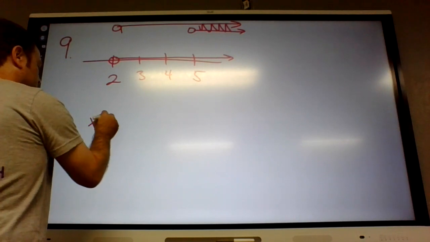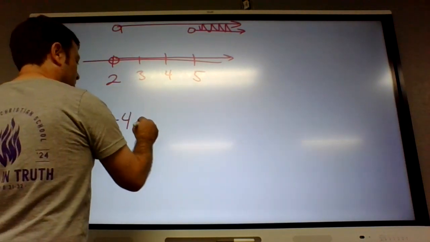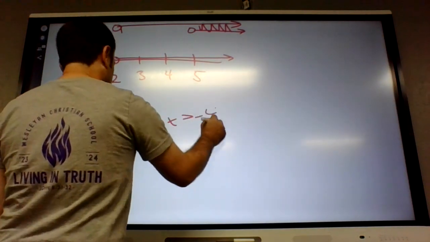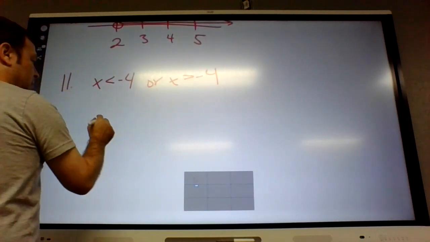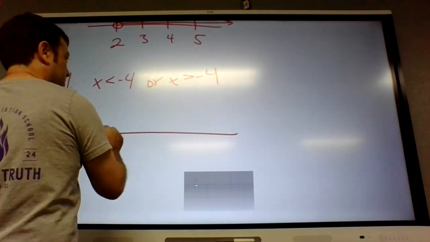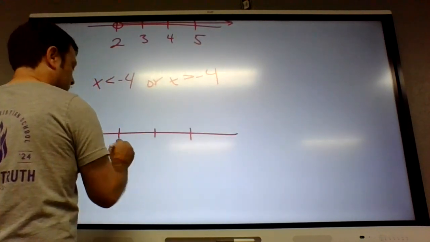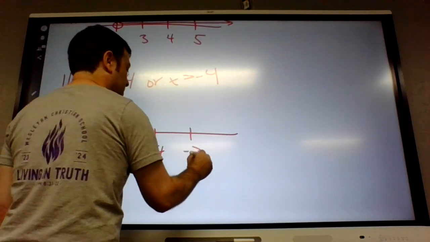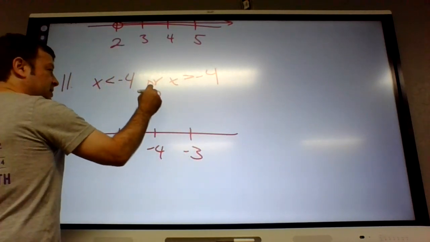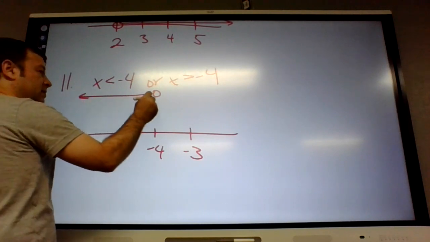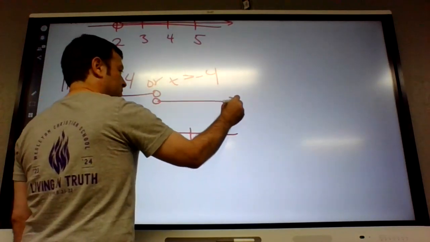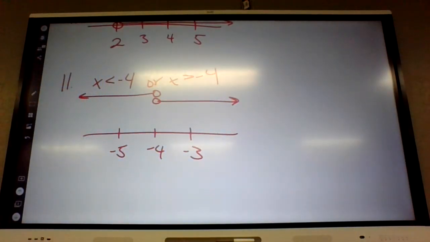That's kind of a weird one. They're only around -4, so less than -4 looks like that. Greater than -4 looks like that. What numbers would be included on this? Both ways.